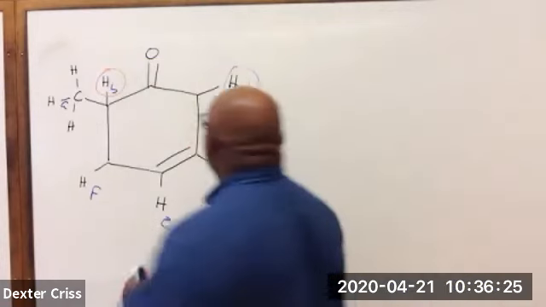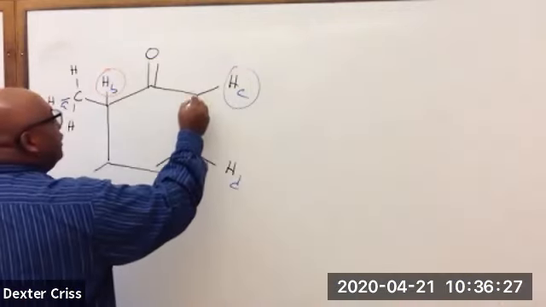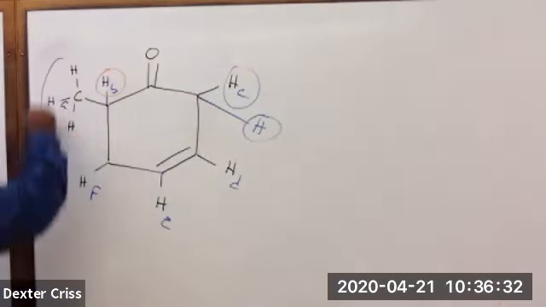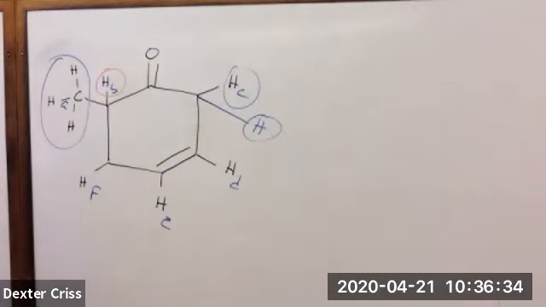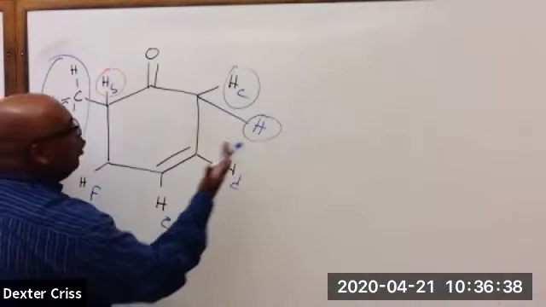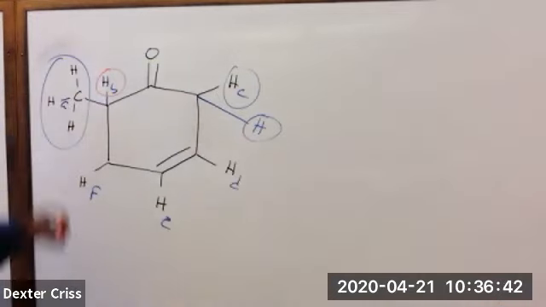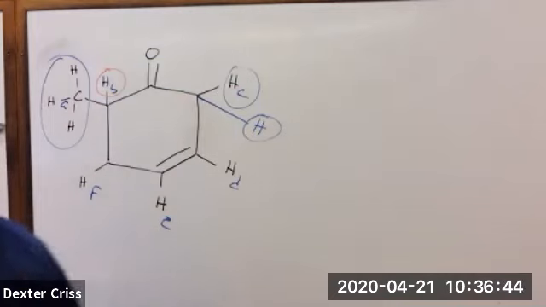If you look at C, there is a hydrogen there, whereas with B, there's a methyl group. Electronically, which one is more electron donating, the hydrogen or the methyl group?